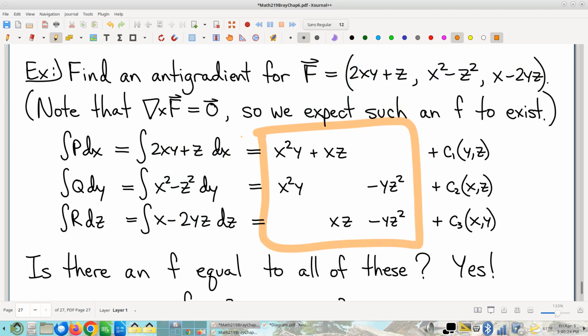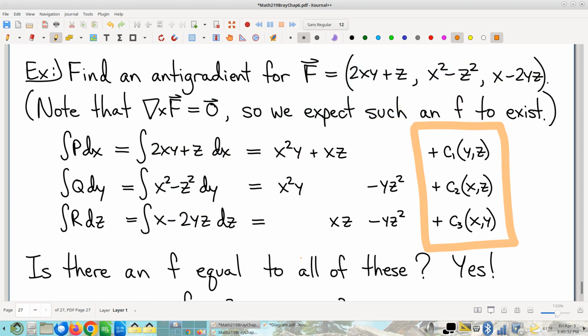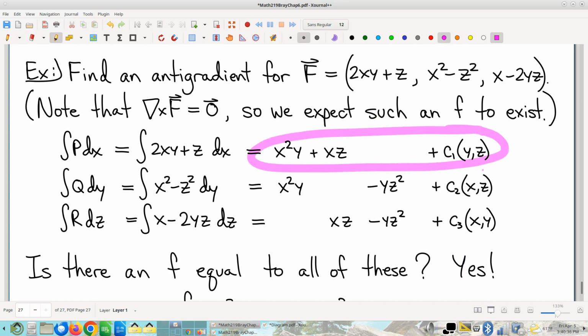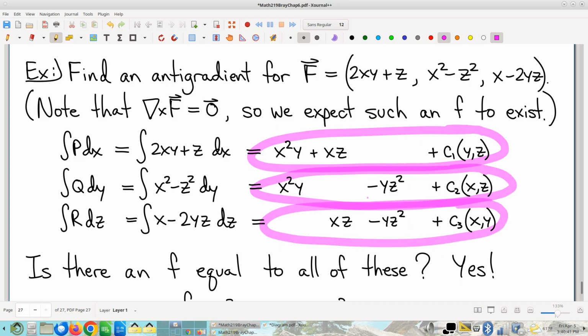Nothing to it, easy antipartials. But don't forget your partial constants, right? And thus begins the game. I need to figure out how I can make this equal to this equal to this. It's just a little puzzle.